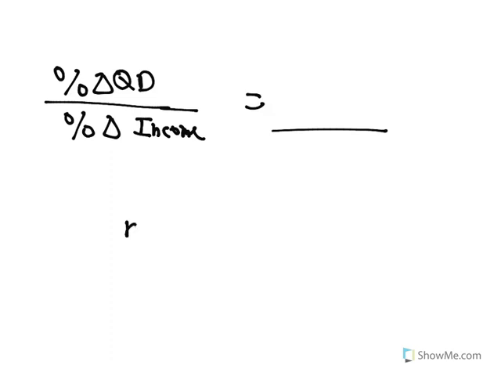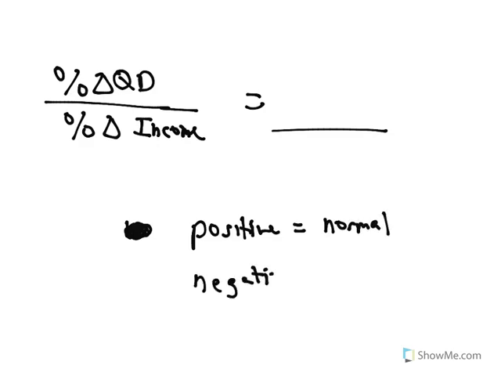So with that in mind, if the coefficient is positive, then it is a normal good. If the coefficient is negative, then it's an inferior good. And again, same thing with percent change, QD2 minus QD1 over QD1 divided by income 2 minus income 1 divided by income 1. So same process here.